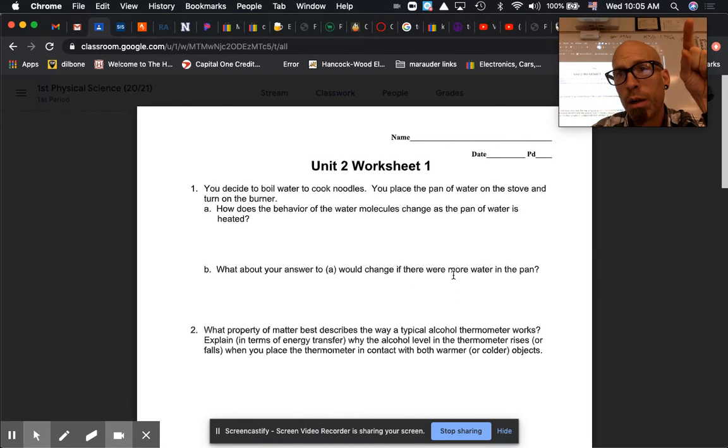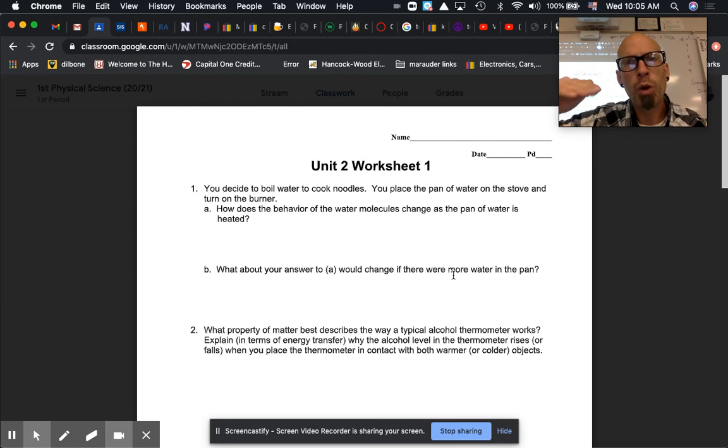With more water, that means there's more particles, and that means it's going to take longer, which means the burner has to give the pan of water more energy. Why? Because there's more particles. Well, aren't both pans of water going to get to boiling temperature?